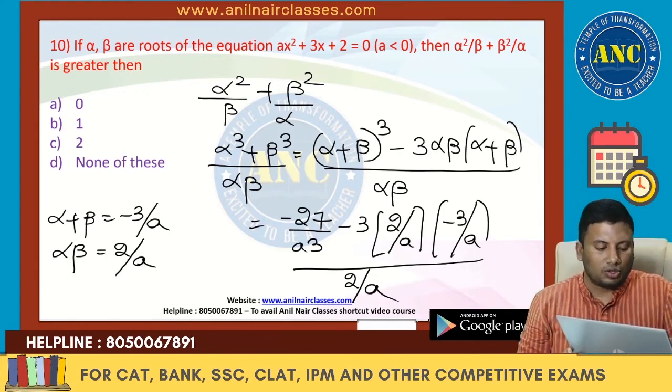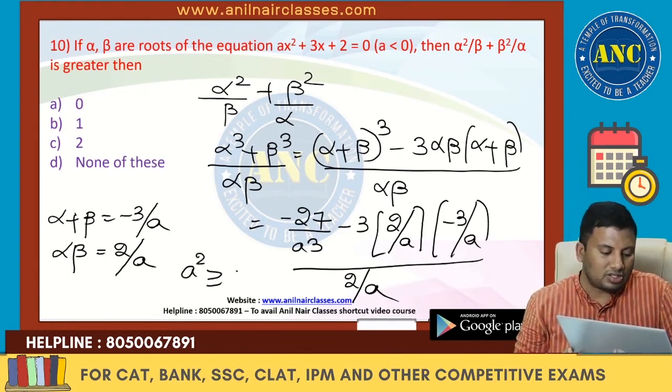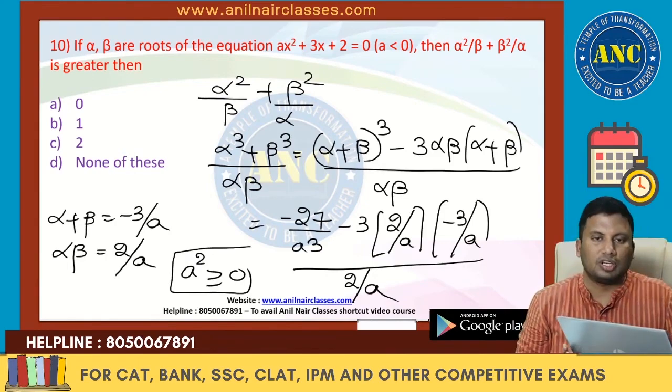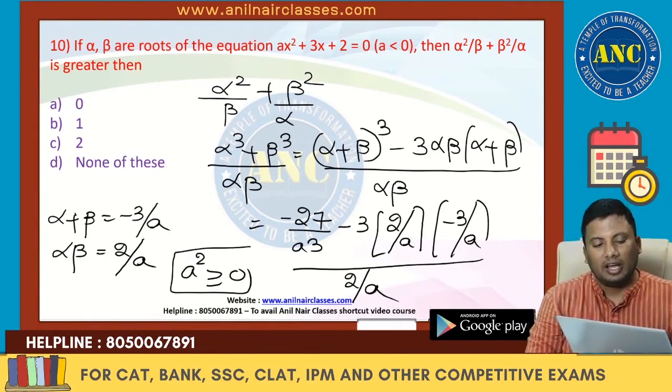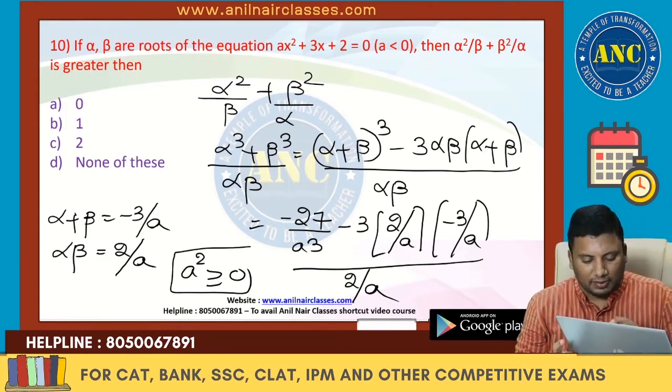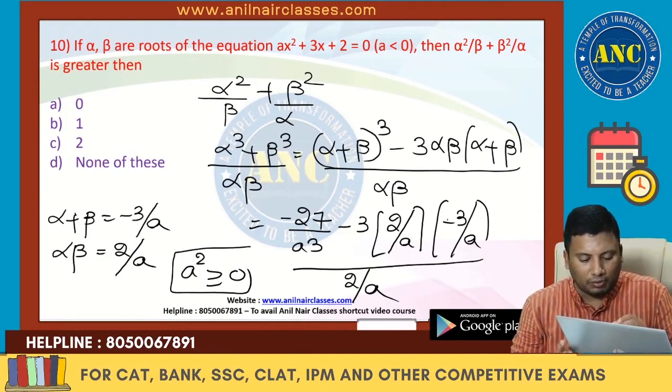Now you know how to solve, because A square is always greater than or equivalent to 0. Take A square common, and in the remaining values you will get some function. So let me help you out. Minus into minus is plus.